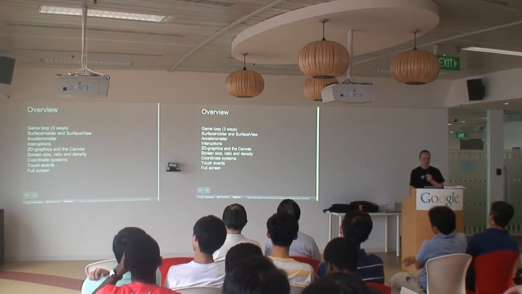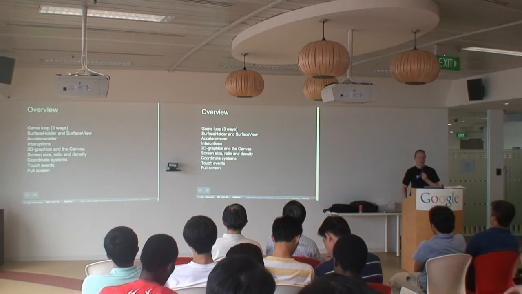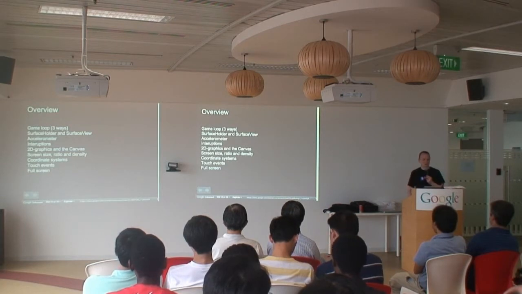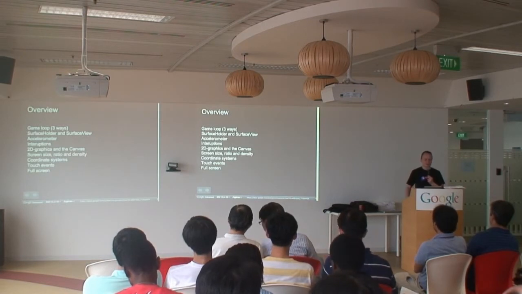I'm going to start with describing what a game loop is and 3 different ways of doing that in Android. I'm going to talk about the surface holder and surface view that you would use in the third of these ways, where we also use a separate thread for the graphics.